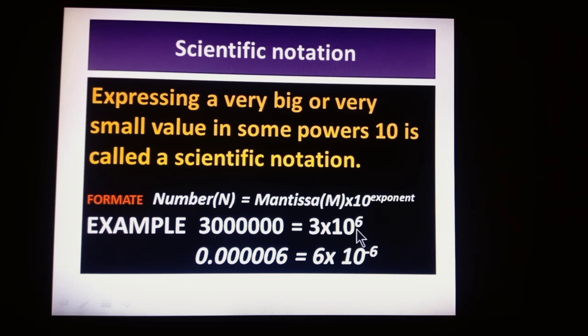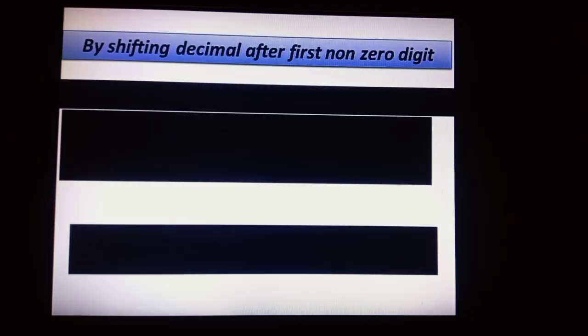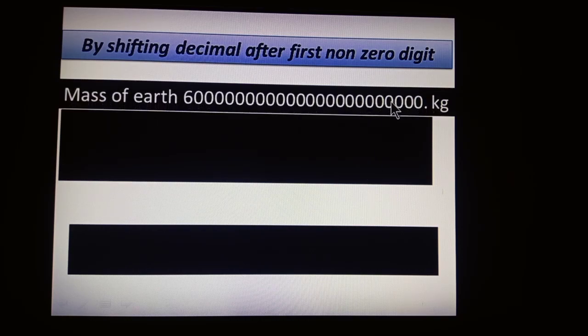What are the rules and principles of representing a big or small number in scientific notation? The simple rule is to shift the decimal after the first non-zero digit. Students, look at this value again, the mass of earth.